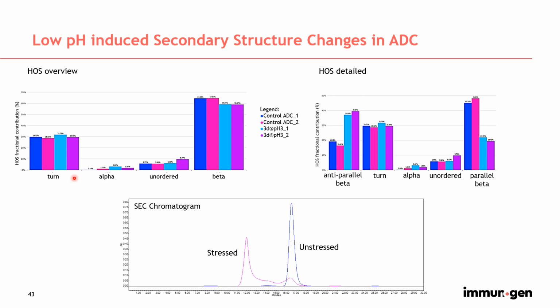Again, we are able to confirm the aggregated state of the ADC in the pH stress sample using SEC, where we can see almost 75% of the ADC is aggregated under those conditions.